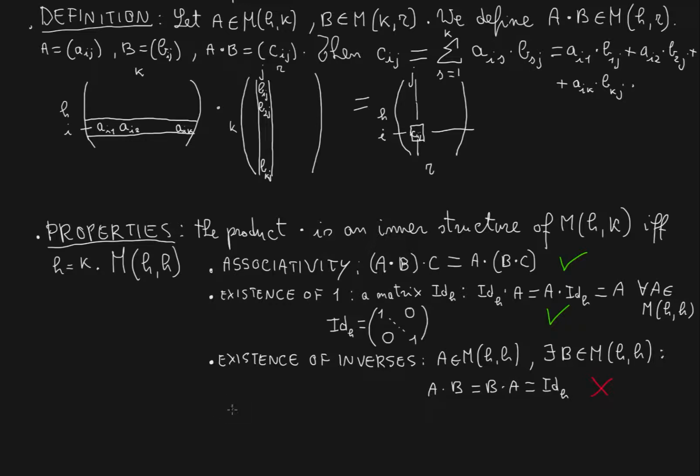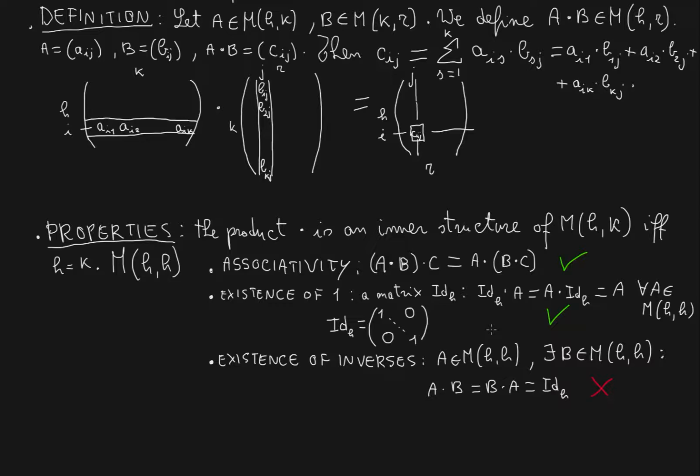For example, we already have examples for h equals 2. Well, for h equals 1, M11 is simply the set of real numbers. These are matrices in which there is just one coefficient. So the set is the same as real numbers, and we know that real numbers are a field.